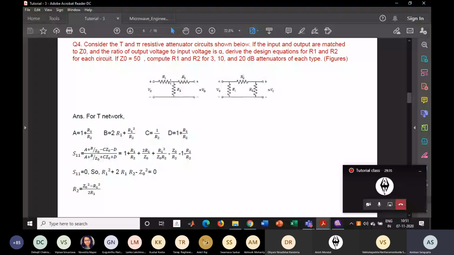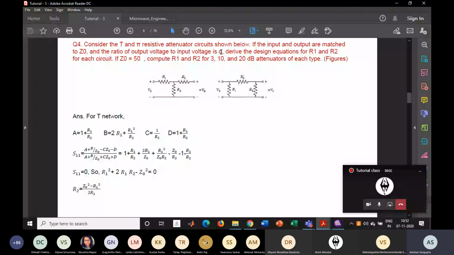Now this is a very rigorous question. You have to calculate many formulas here. So one thing you can do: for attenuation, you have to find out the scattering parameters, as attenuation means port 2 will be attenuated. That means S21 will be 3 dB, 10 dB, or 20 dB.